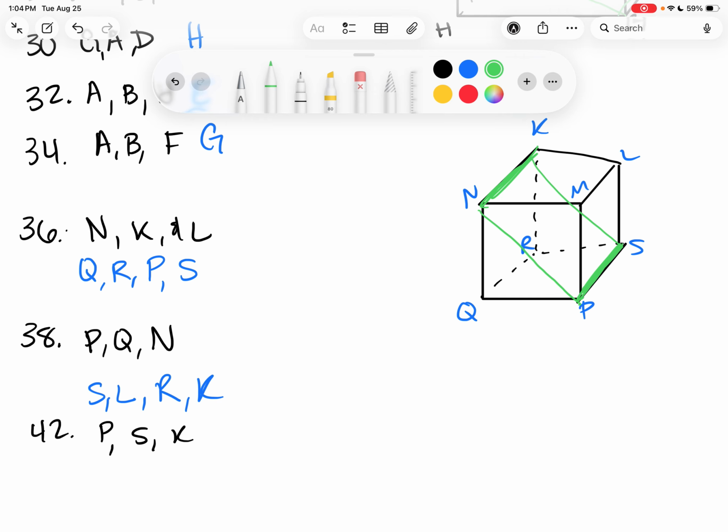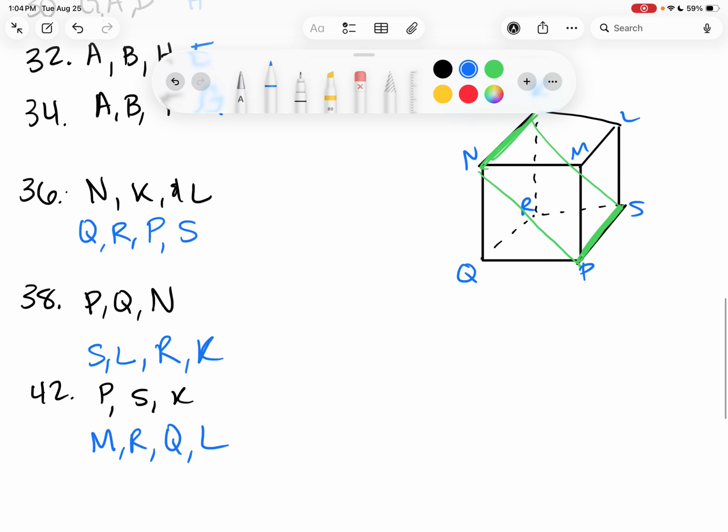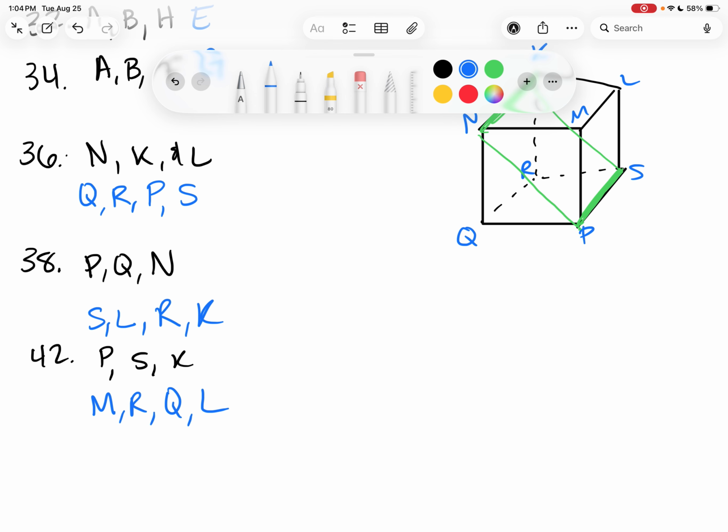So which 4 points are not on that slant part? M. R. Two. One more. L. Yep. All right, questions on those before I move to the next thing?